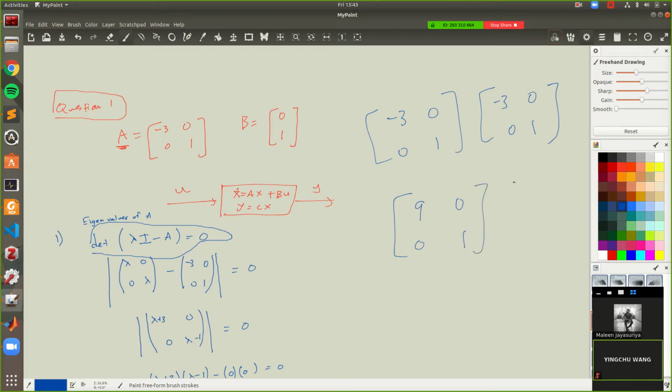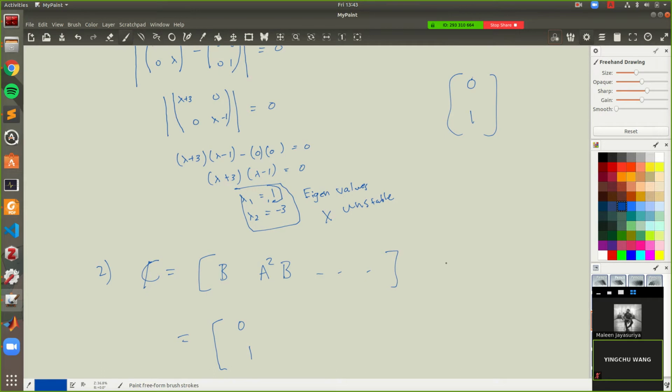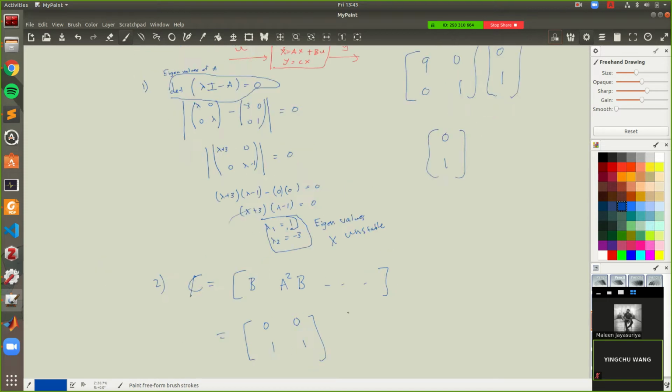And that times B, which is 0, 1: 0 times 9 is 0, 0 times 1 is 0, 1 times 1 is 1. So you get 0, 1. Is that right?